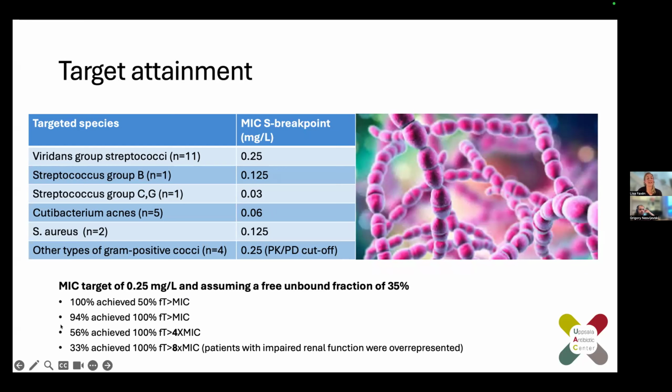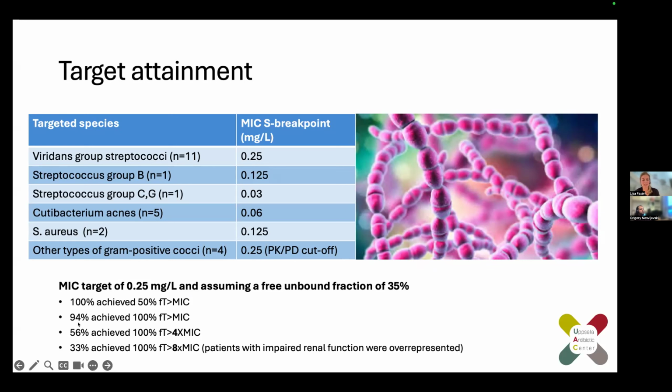And then we could see that 100% of the patients achieved 50% of the time that the free concentration was above MIC. And so that is good, since that's our goal today.